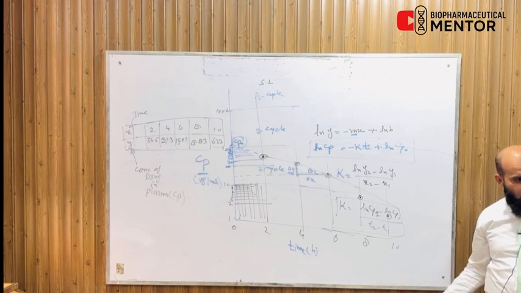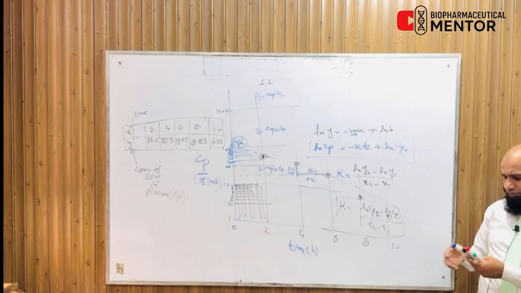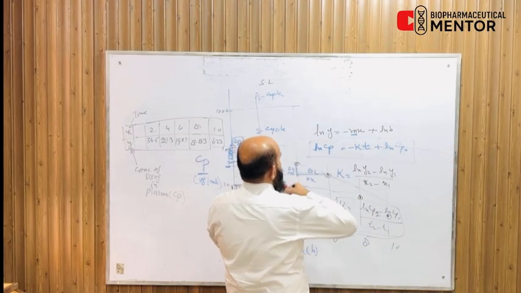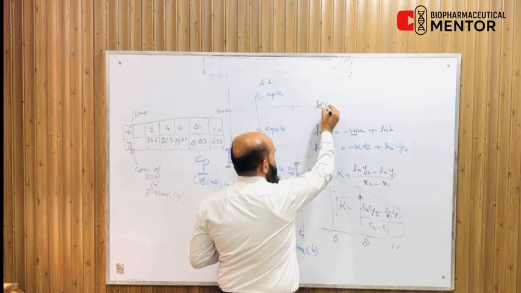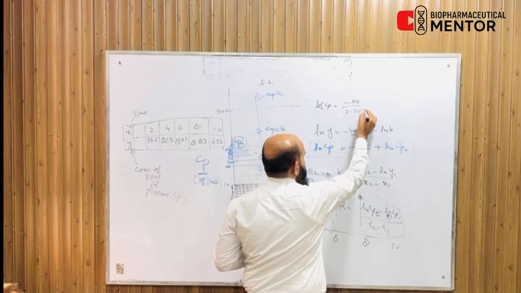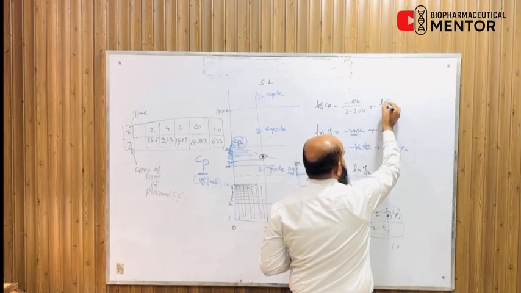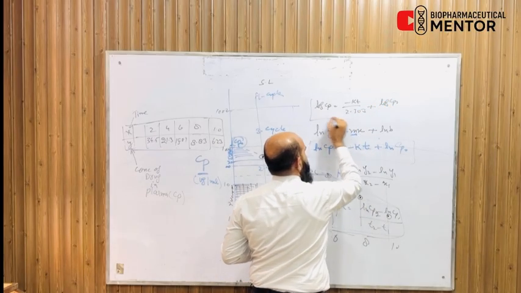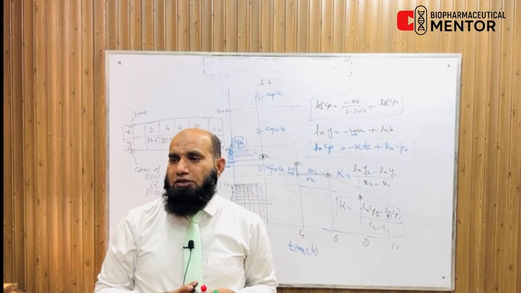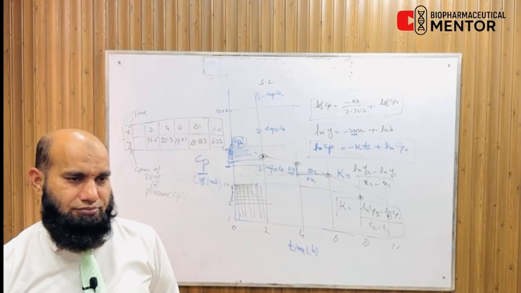We can also have another equation by using the logarithmic terms. We can make this equation by taking the log, that would be log Cp is equal to minus kt over 2.303 plus log Cp naught, because you know log is a smaller term and natural log is a larger term.